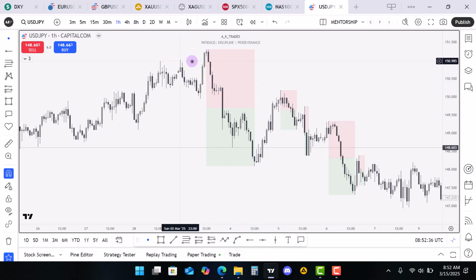So when we swept this buy side liquidity here, this became our dealing range high. So when this dealing range high was formed and price swept this sell side liquidity here, what will come to mind is to pull out your fib tool and then mark out your dealing range high and then dealing range low.